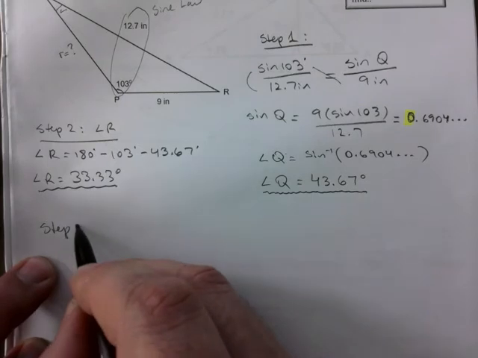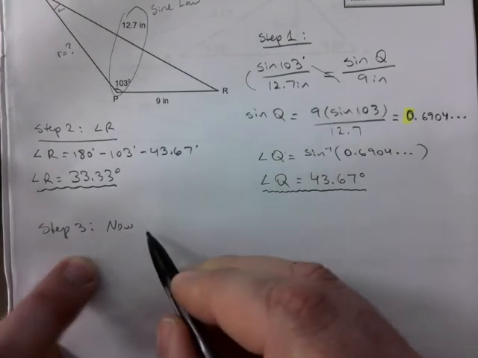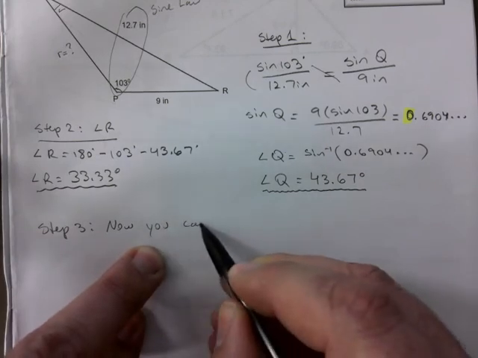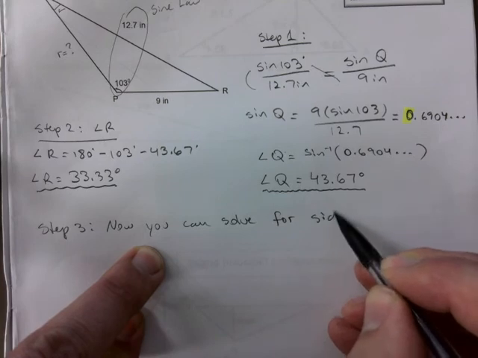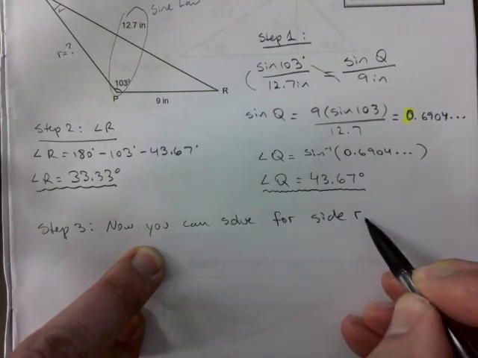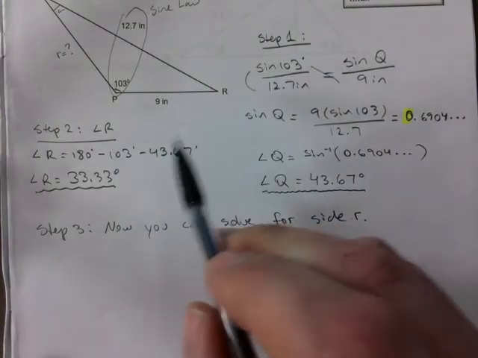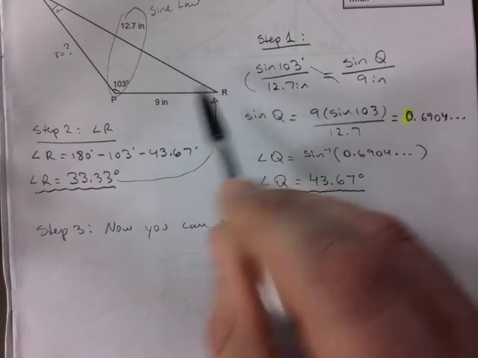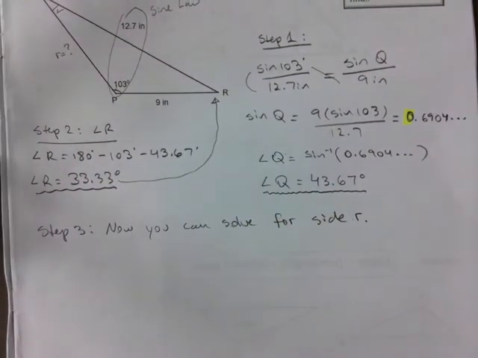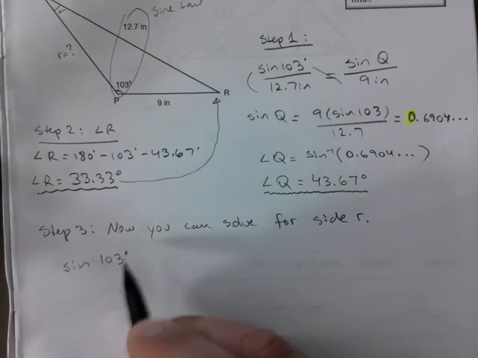I'm going to underline that because it's important to me, right? Step 3, now you can solve for side R. Okay, now, only now can you actually go there because you know that this angle here, right, is across the side you want. I'm going to start with the same pair that I had right from the beginning.